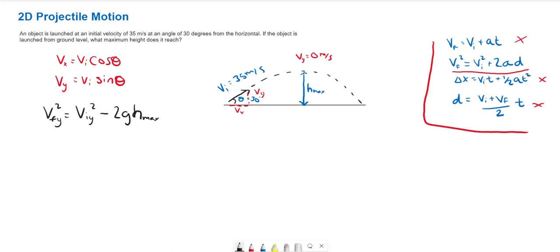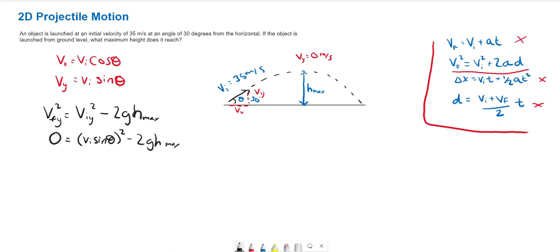So at h max, we just said the final velocity is 0 at that point. So plugging in v initial sine of theta for our initial velocity, we get v initial sine of theta, and we square that, and then we have 2g h max.